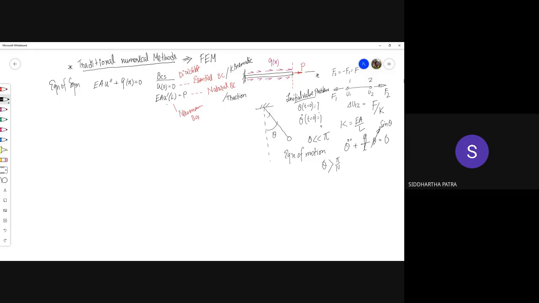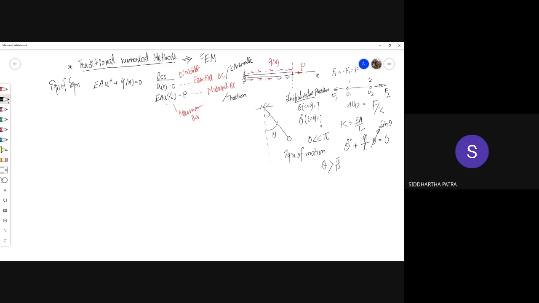When it comes to time, the very fact that no one knows the future means you can only give the conditions at the beginning of the problem, hence initial value problems. Now that is slightly diverted from today's topic.